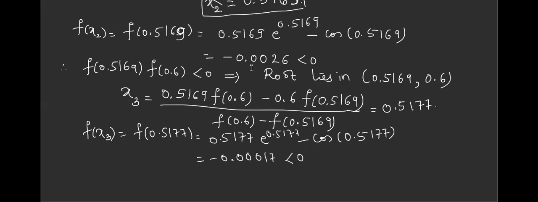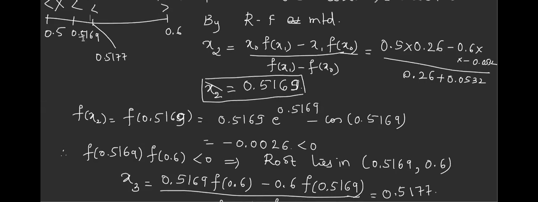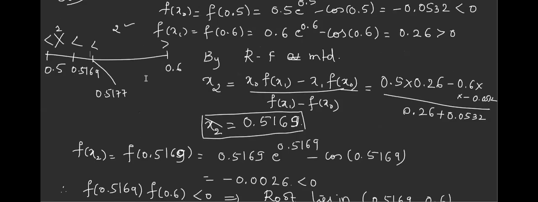Now again come back to the line. 0.5177 is giving me negative. So whether I have to choose 0.5169 or 0.6? Along with 0.6. So the root lies in this, not here.